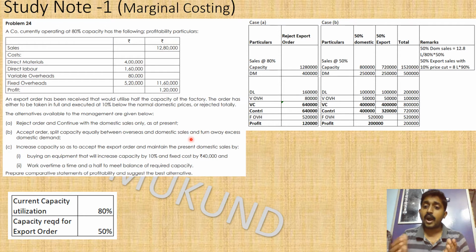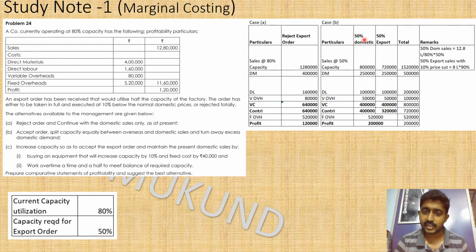In case B, we are going to accept the export order, which means 50% of capacity is required to meet the export order. The remaining 50% we will make for domestic. Now we have to use the pro rata basis, ratio and proportion, to find the sales. 12.8 lakhs is the sales for 80% capacity. Then for 50% capacity, what will be the sales?